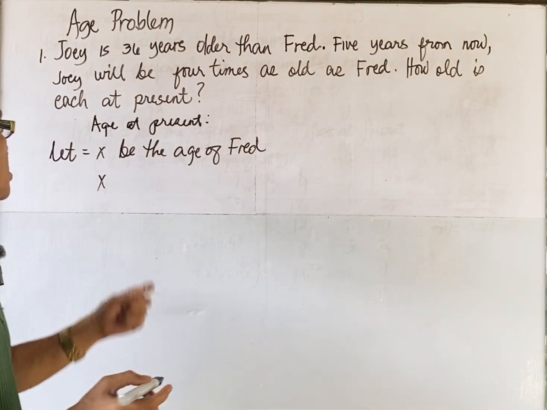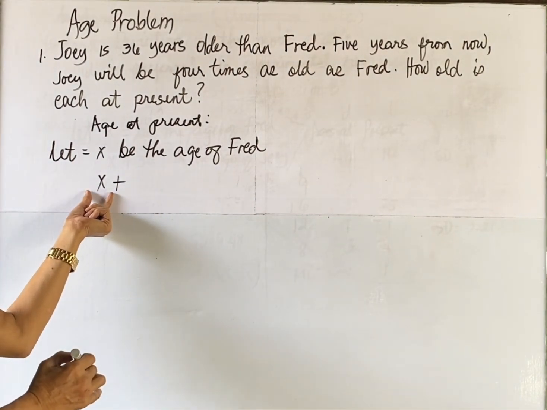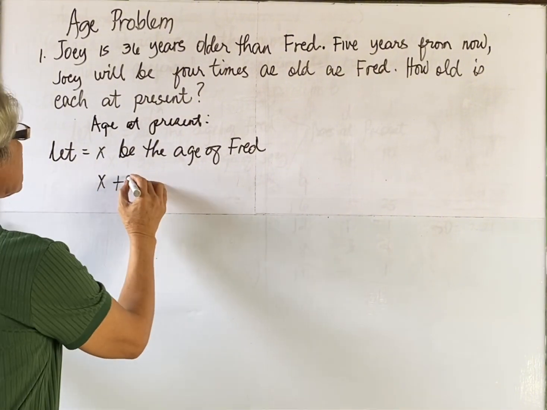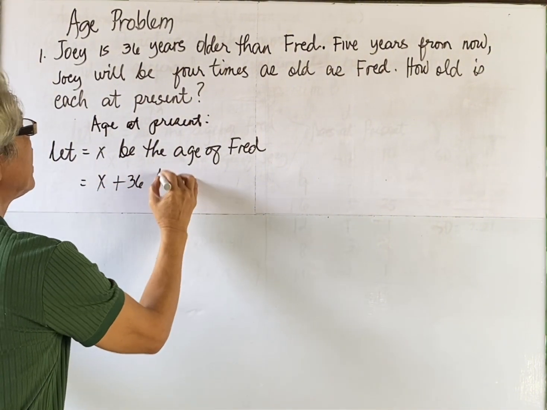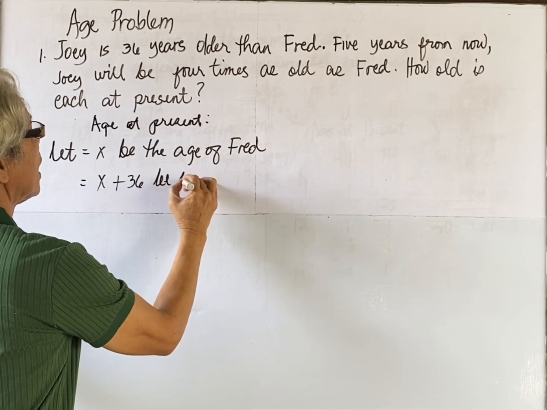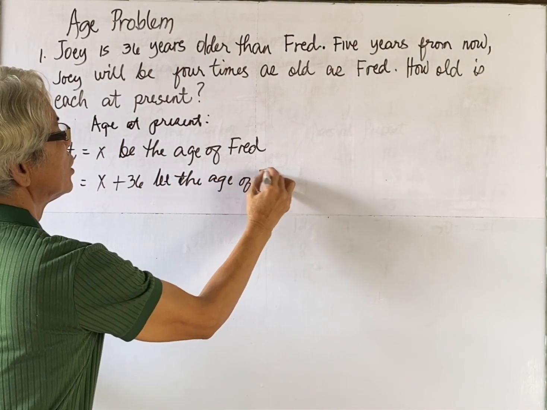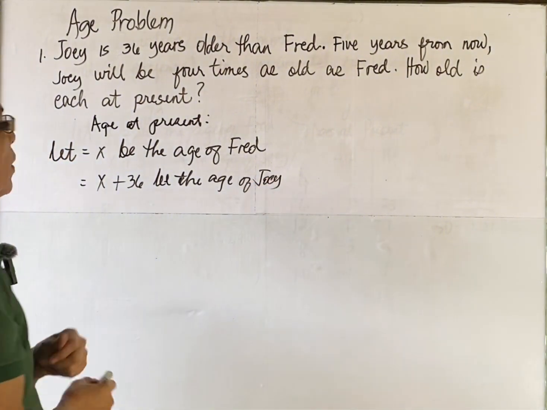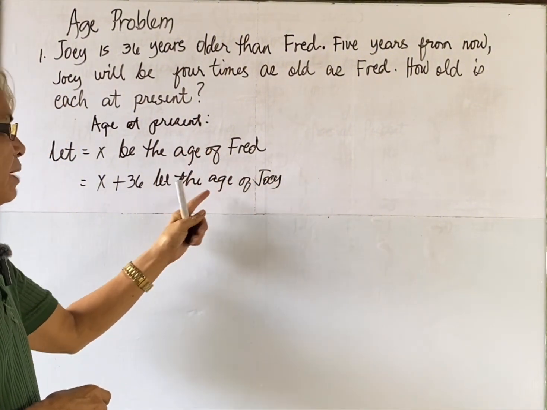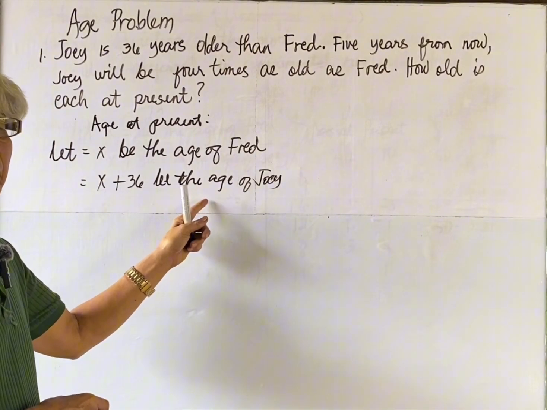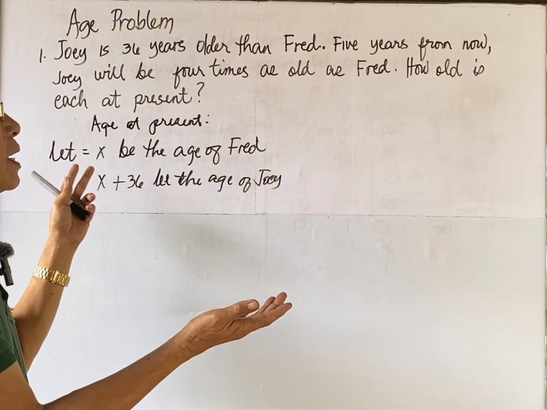So this will be Fred's age plus 36, X plus 36, and this is the age of Joey. We now have the age of Fred and the age of Joey. Now, let us proceed to the next sentence.